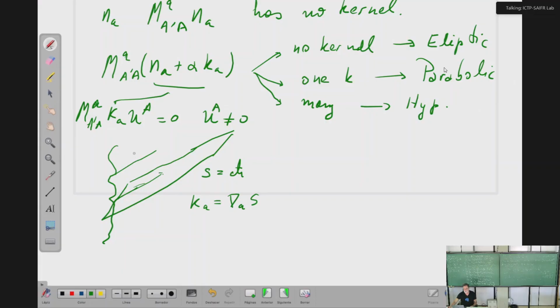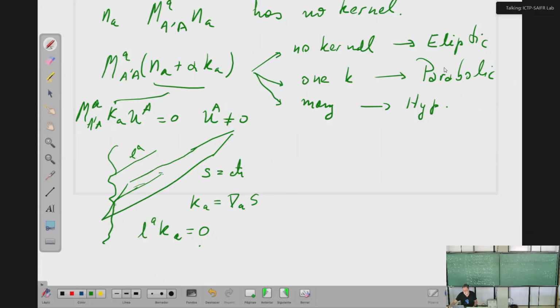So this line, if this line is L, then we have L^A k_A equal to 0. So this is an interpretation. So in elliptic equations we don't have waves. Parabolic is a special case we might discuss when we study parabolics. And then in the hyperbolic there are real waves.